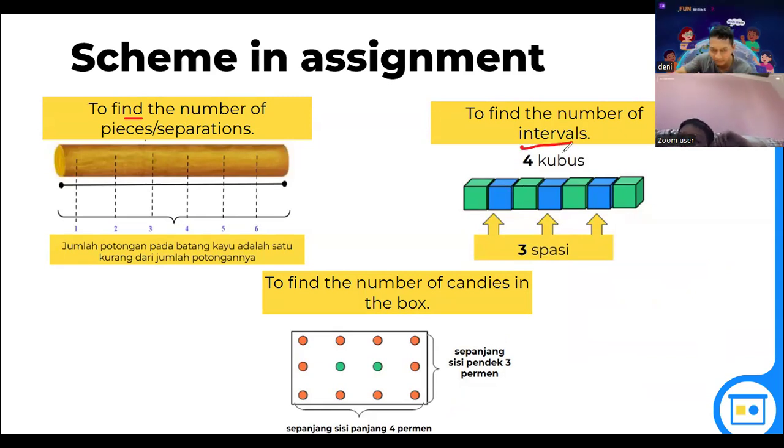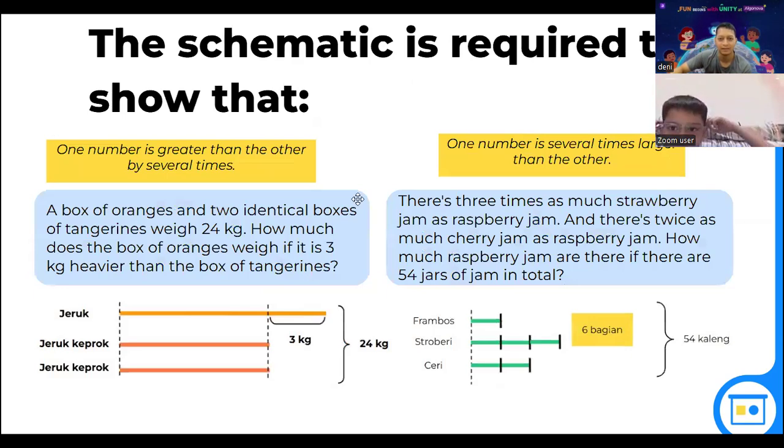We learned about this at the beginning of the lesson. And then find the number of candies in the box, like this. Now, the semantic is required to show that one number is greater than the other by several times, and one number is several times larger than the others. This is for the example of the question.